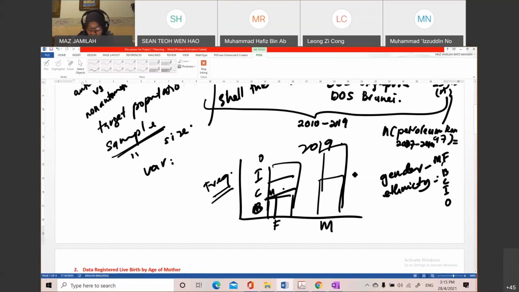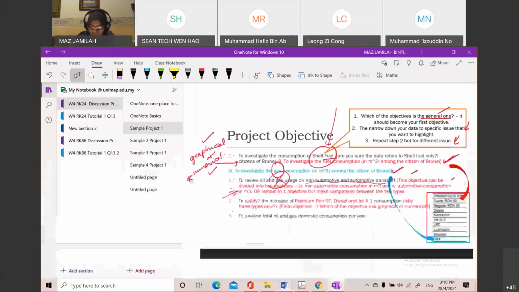I don't have any objection as long as it supports the overall objective of your project. I don't mind as long as you can highlight it. You know what, class?